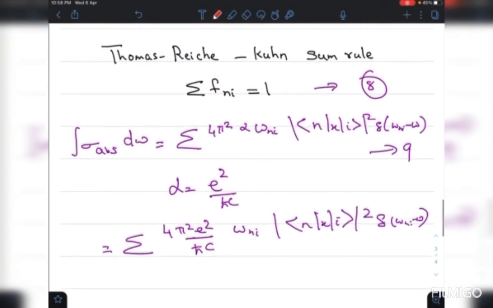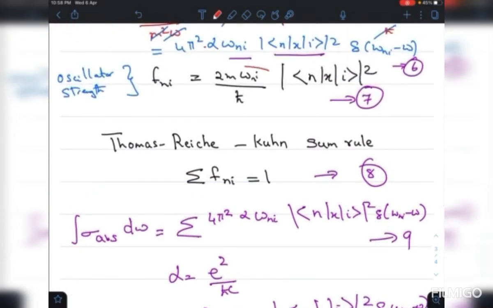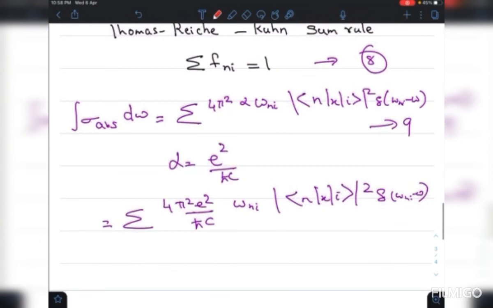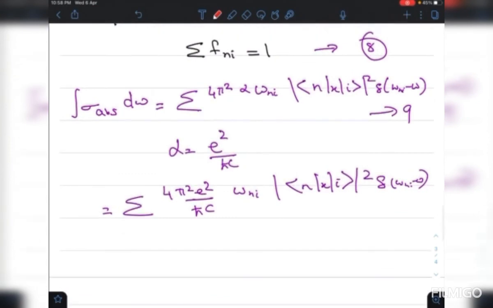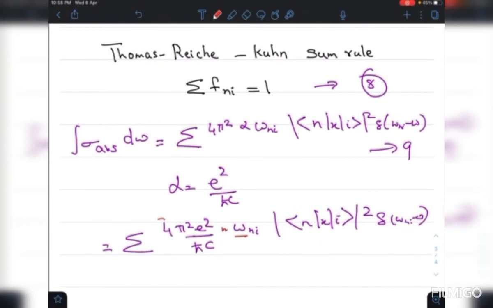So now I'm going to take this one. 4 pi square, so I mean 2m omega ni by h cross. 2m omega, so I have 4 here. So I can take a 2 out. Then you have that m. So I have to multiply m on top and bottom, and h cross is there. So now I can write this as sigma 2 pi square e square, h cross is there, by c.